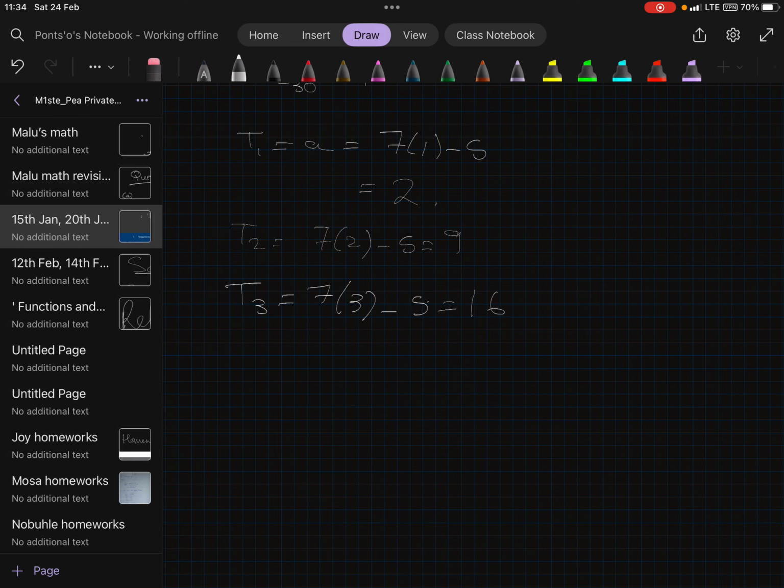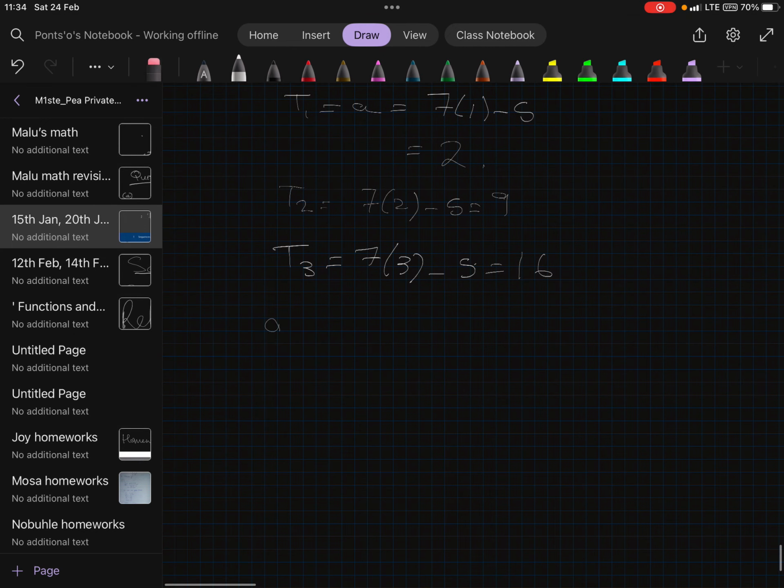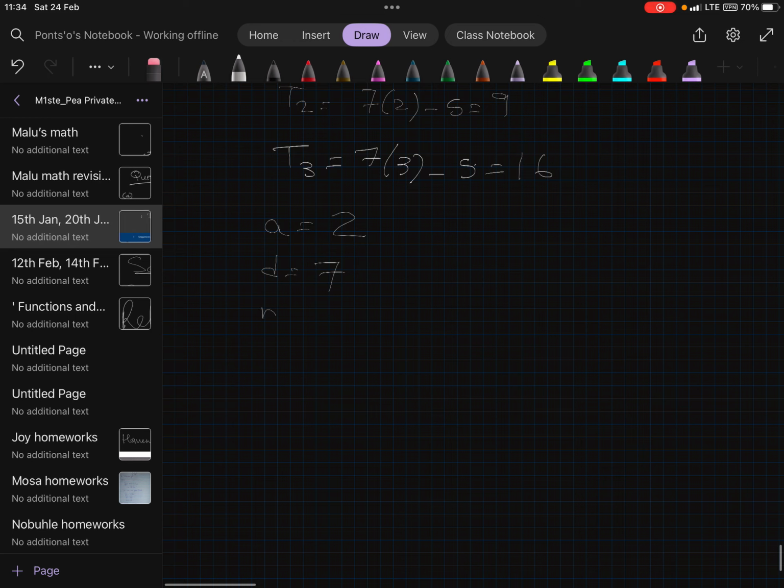So we've got the first 3 terms of the sequence, and what can we determine from that? Common difference is 7. Okay, and what's the first term? 2. Okay, and then we have n.